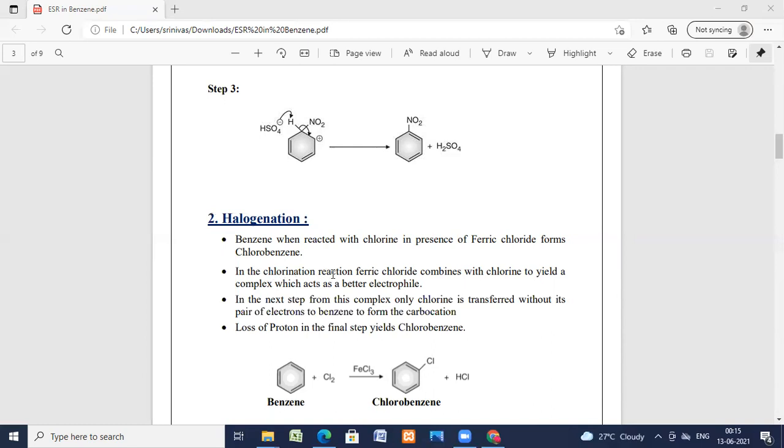In the chlorination reaction, ferric chloride combines with chlorine to yield the complex which acts as the better electrophile. So, in the mechanism of halogenation, again the steps are the same. First, the electrophile is generated. The second step is the intermediate carbonium ion is formed. And the third step is the product is formed.